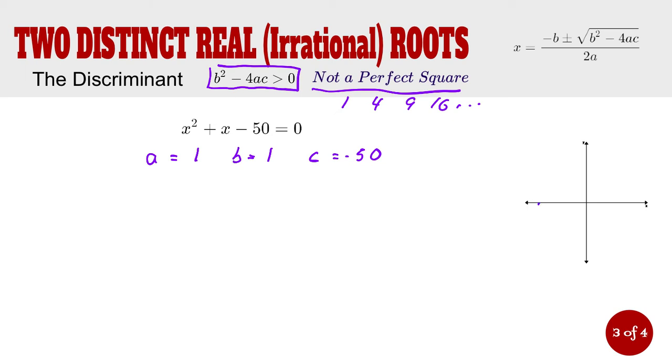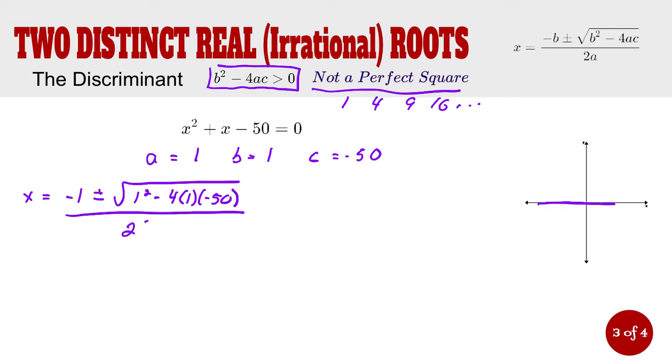Remember, what we're doing is we're finding values along the x-axis. Put them into the quadratic formula. Negative 1 plus or minus square root of 1 squared minus 4 times 1 times c, all over 2a.